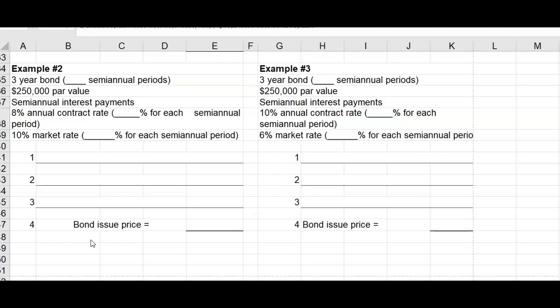Before we get to the 4 steps necessary to calculate the bond issue price, let's examine what we've got in the way of a bond. We have a 3-year bond. The first thing you have to do is say how many semi-annual interest payments is that? Well, 3 years and 2 times a year makes 6 semi-annual interest periods.